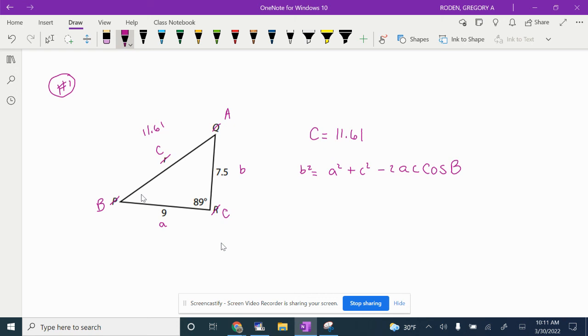Negative. Whoa. Y'all just did a lot of it. Oh, 0.7.